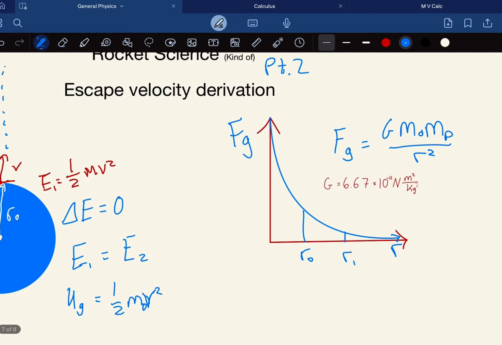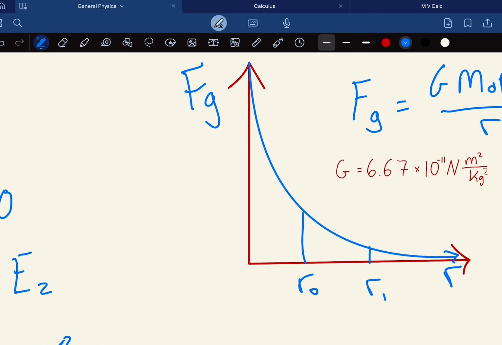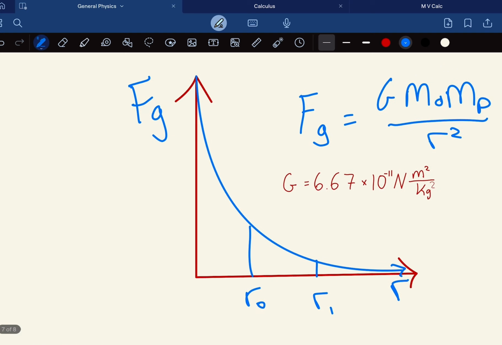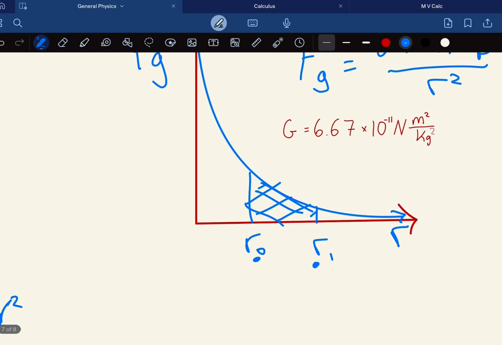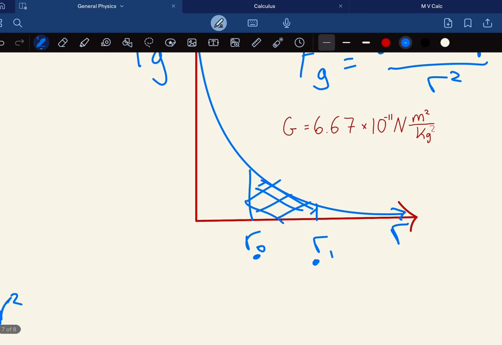Now, let's look right here, where last video we learned that the area under this graph right here is equal to the change in energy as you move an object from an initial radius to a radius further away. Now, that is assuming there's an external force. What this actually means is the change in potential energy.